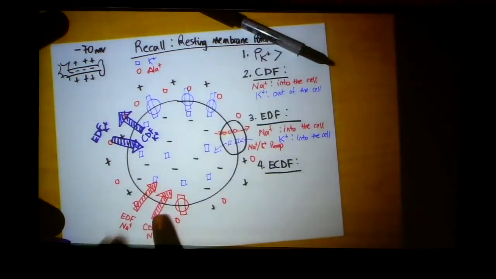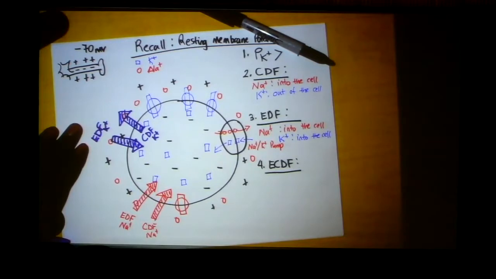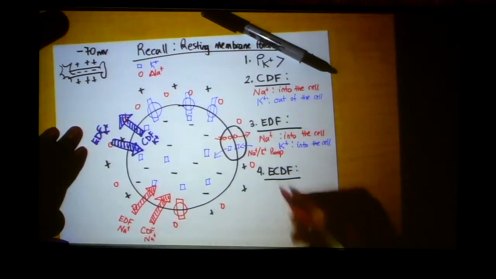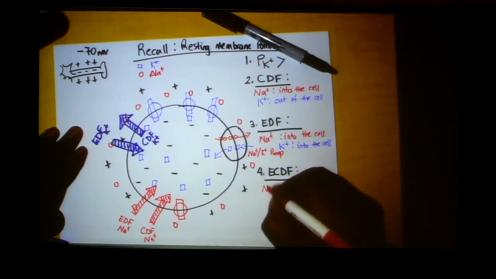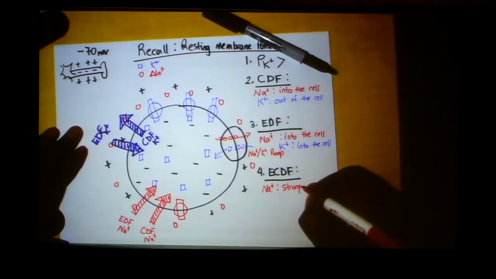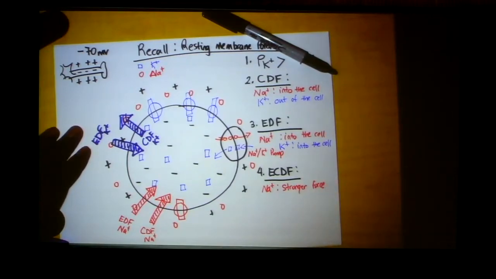So if we're combining the forces, it's simply going to be a larger force. So we're going to have a stronger force in terms of the magnitude or the strength of that movement. So sodium has a stronger force, and the general direction will be into the cell.